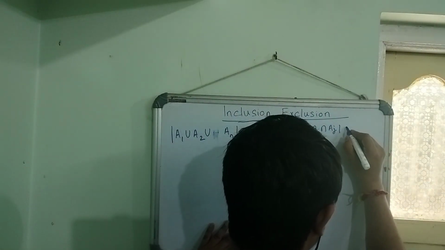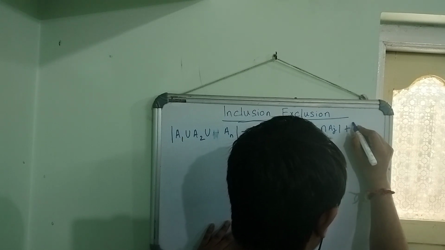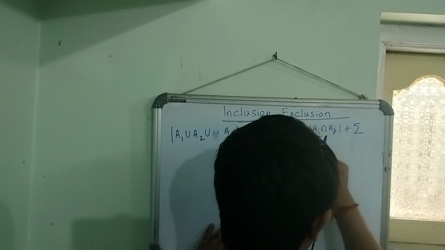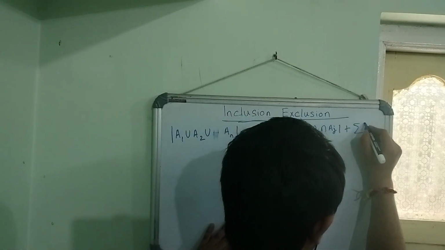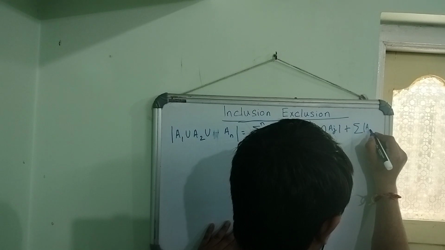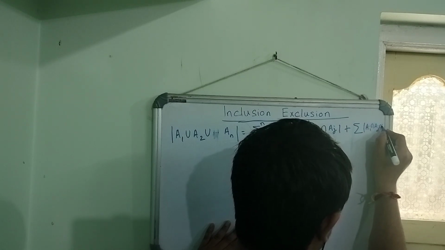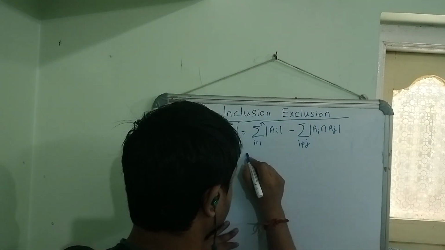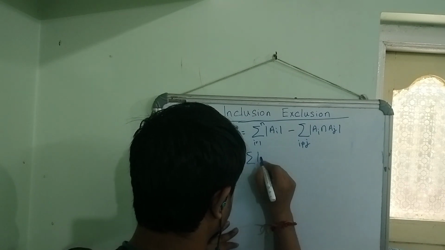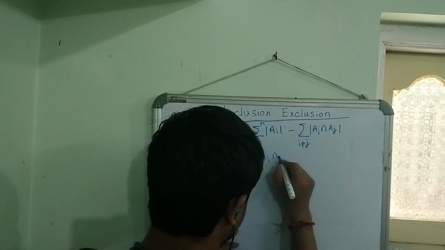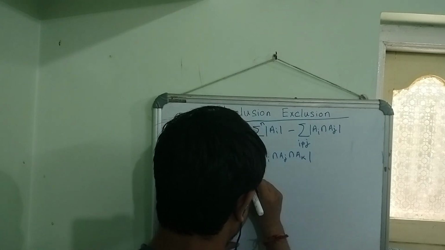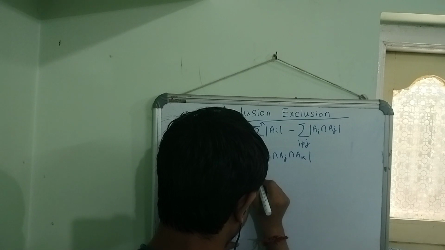So the next it will be taking 3 at a time. See, plus, minus, then here it will be plus, taking 3 at a time: Ai intersection Aj intersection Ak, i is not equal to j is not equal to k.